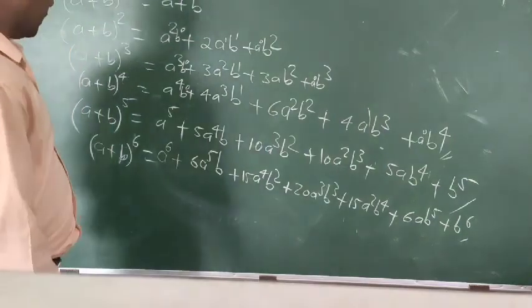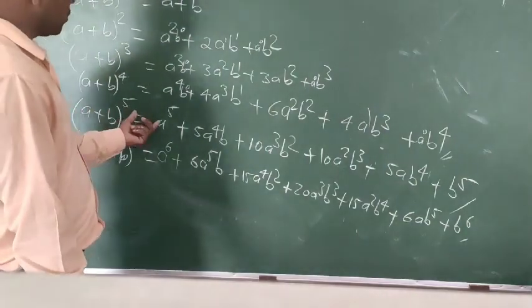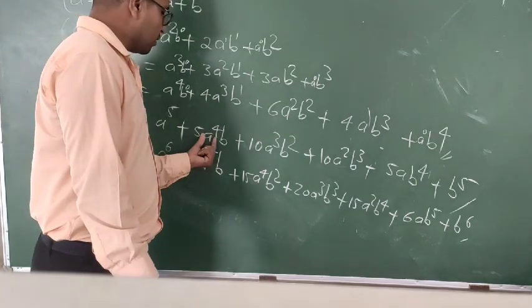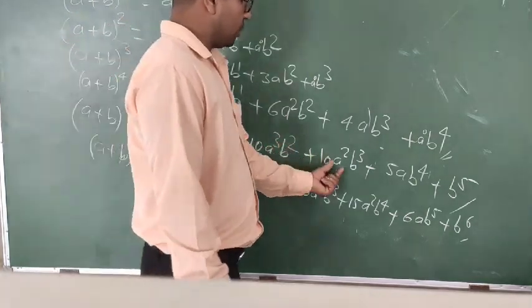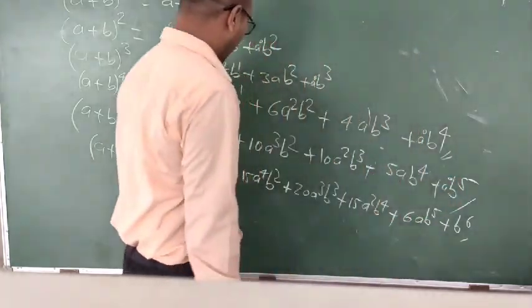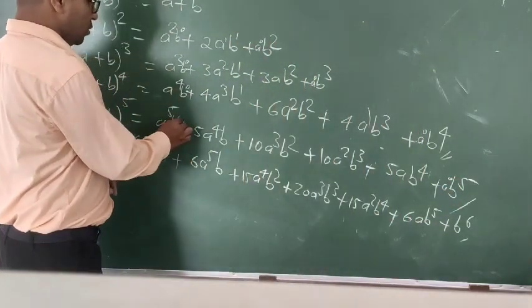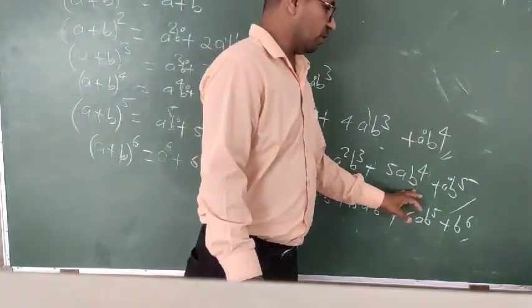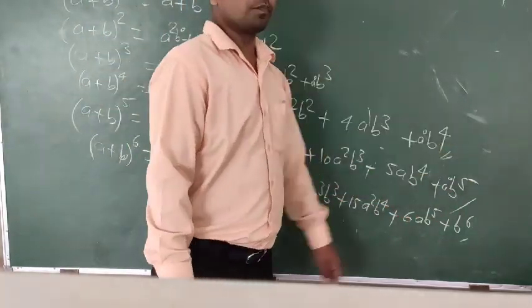Just we are increasing. In the same way, for a^5 also we are decreasing: a^5, a^4, a^3, a^2, a^1, a^0 at last. And the power of b increasing: b^0, b^1, b^2, b^3, b^4, b^5.